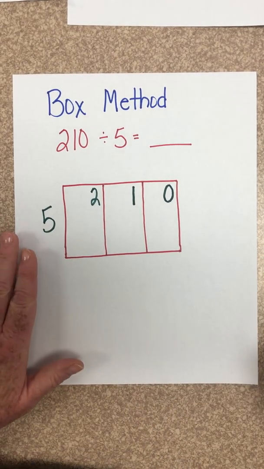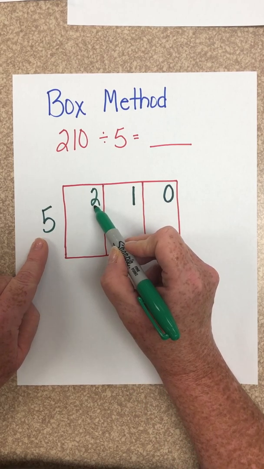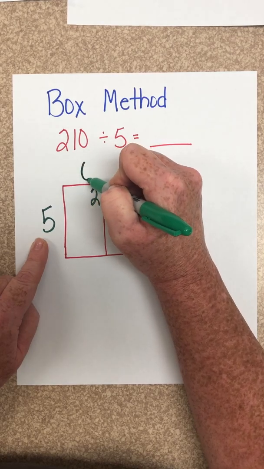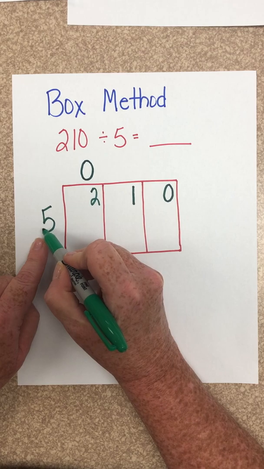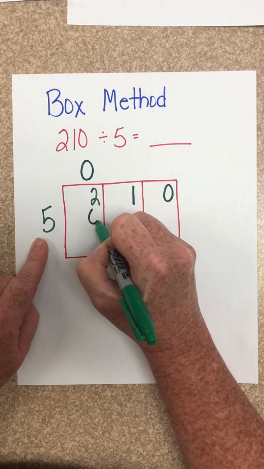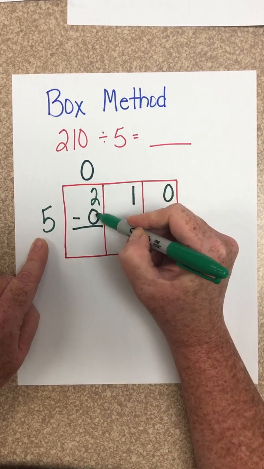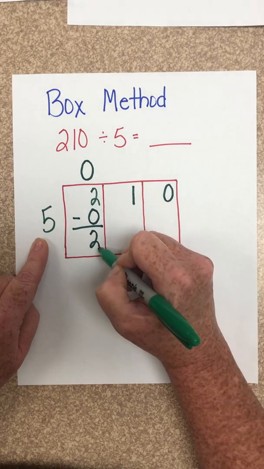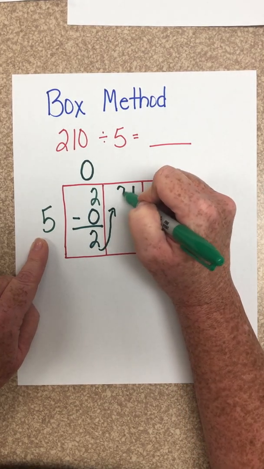Let's begin. How many 5s can we get out of a 2? Well, we can't. So that means we put a 0 here and multiply. 0 times 5 is 0. Now we subtract. 2 minus 0 is 2. I carry that 2 to the middle column and put that in front of the 1.